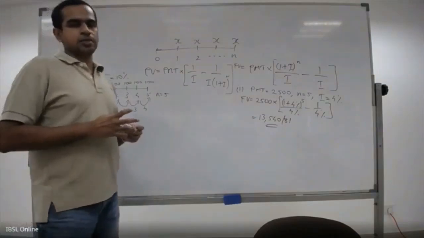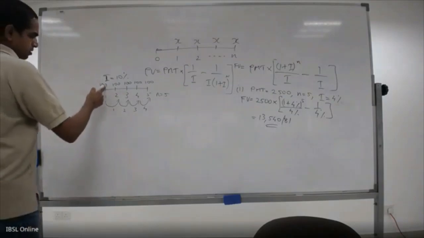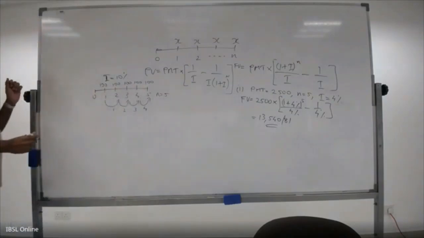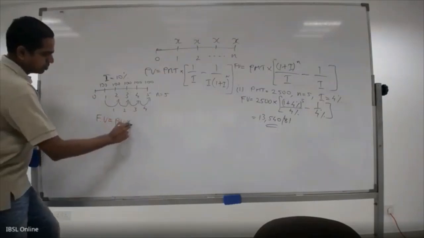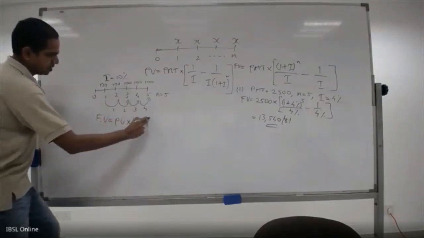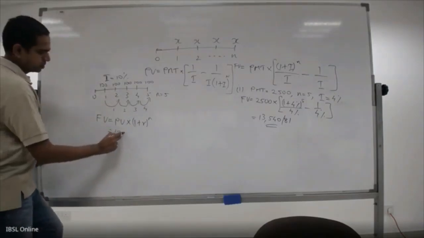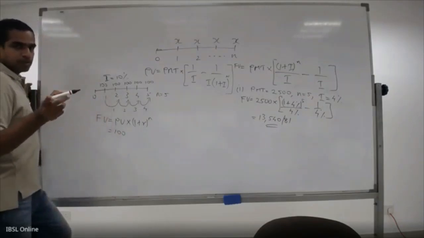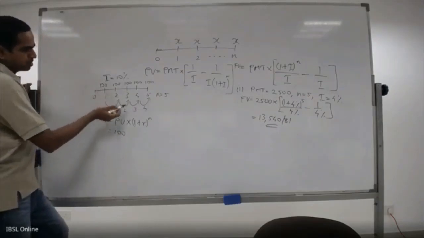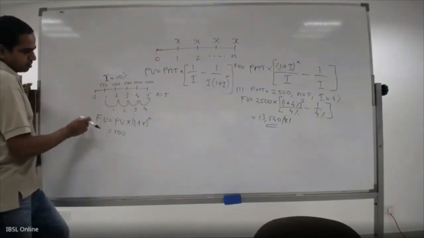And what will this payment's value be at the end? Okay. So this $100 will become how much at the end? Simple future value calculation. Future value is present value into 1 plus r to the power n. Present value is 100. So how much will it come to at the end of the 5th year?